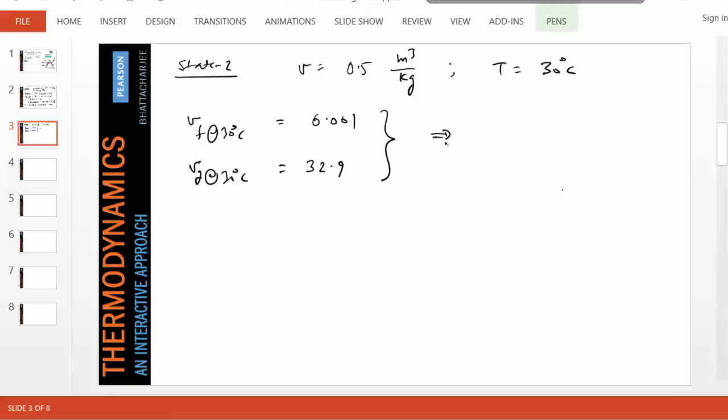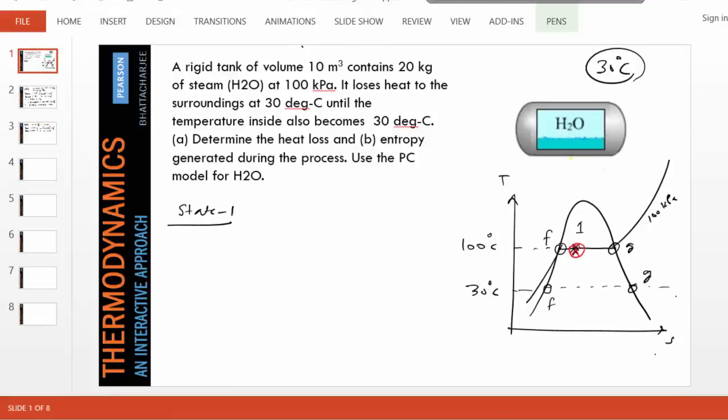That gives us v equals 1 minus x times Vf plus x times Vg, the same formula, but this time Vf and Vg are different, and v is the same, 0.5. You can show that x is 0.015. If you try to draw your state, obviously the quality is very low, so this will be our state 2. Notice immediately that the pressure will be so much lower here. Can you understand that? Because the pressure line here is something like this.